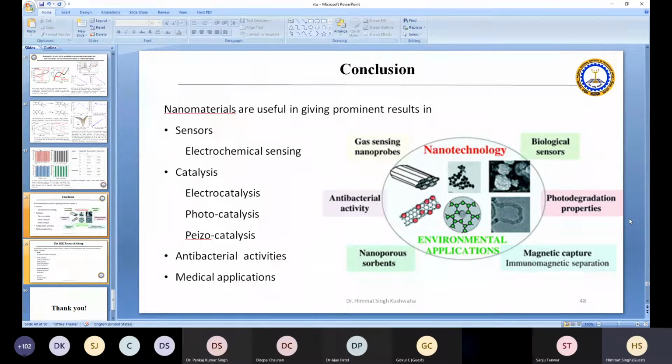Catalytic processes like electrocatalysis, photocatalysis and piezo-catalysis can be performed using these nanomaterials for environmental remediation or wastewater treatment. They have antibacterial activity also, so they can be used for different medical applications also.